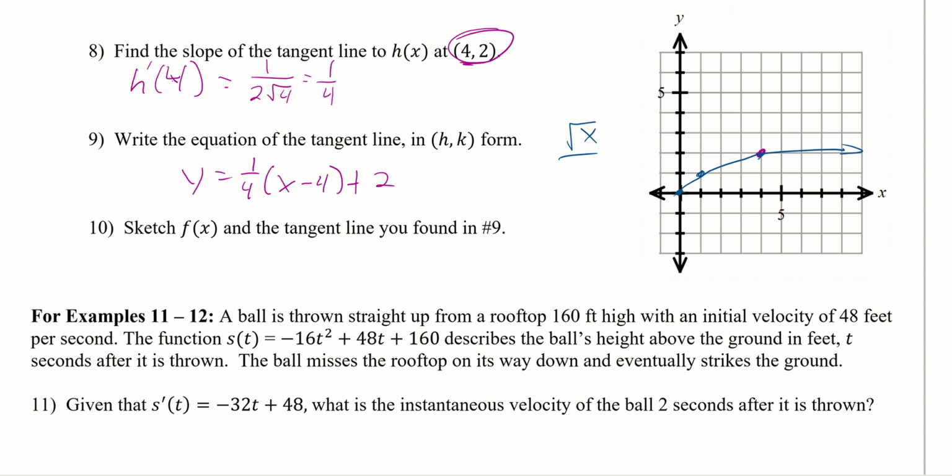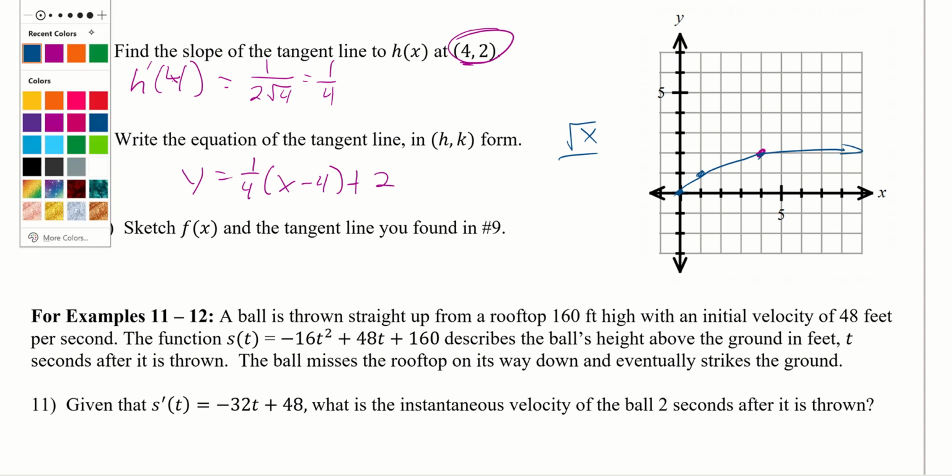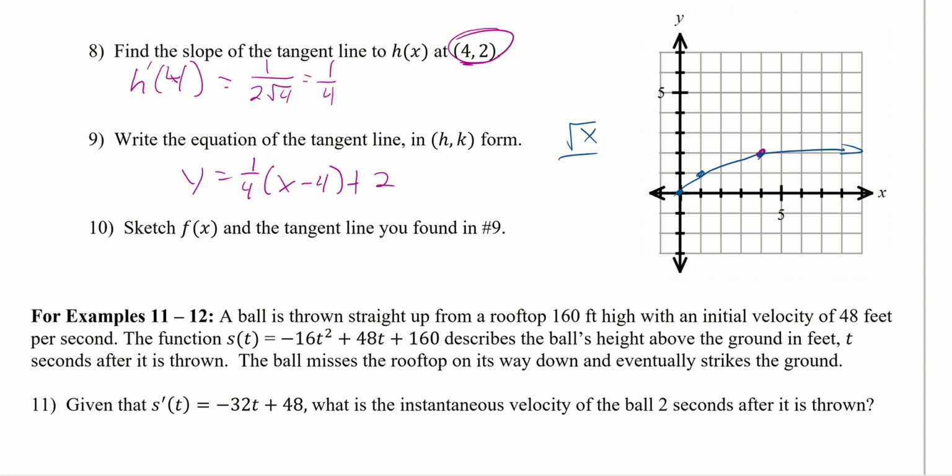So that goes like that. And so our tangent line, here's the point, rise 1, go over 4, and that would be the slope of my tangent line. Cool? Awesome. Nice.